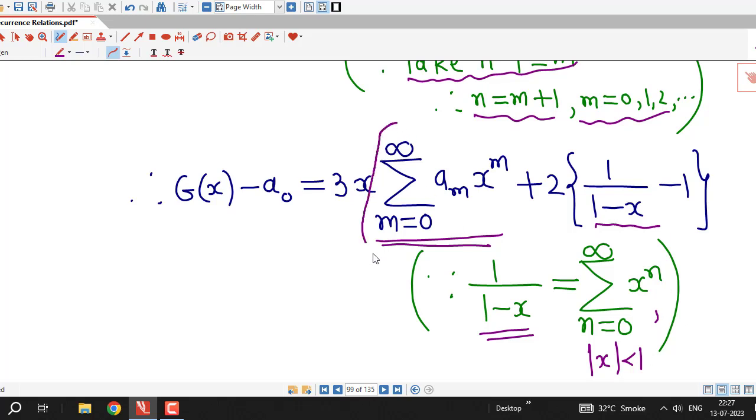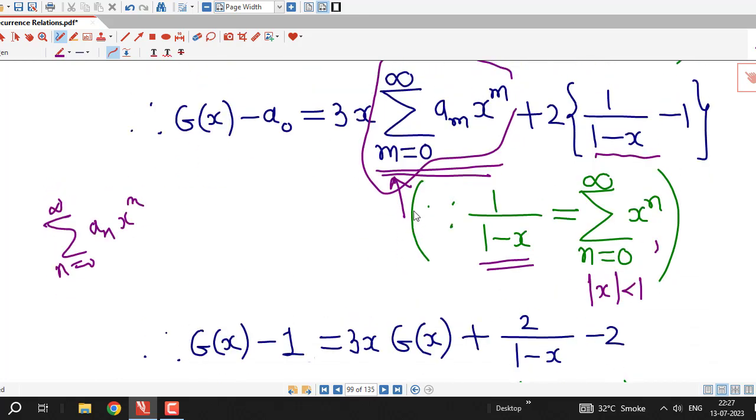And now if you observe, this is nothing but g of x. This m is a dummy index. So if I am writing sigma a_n x raised to n, n equal to 0 to infinity, or sigma a_m x raised to m, m equal to 0 to infinity, both are the same thing. Therefore this will be replaced by g(x) in the next step.